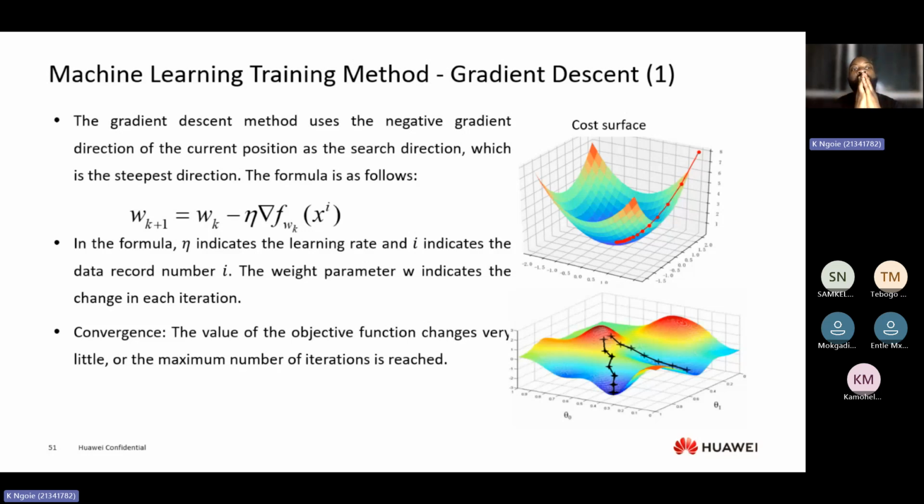So the gradient descent method is a formula used to try and reduce that error. The reason why it's called gradient descent is because it uses what we call the negative gradient direction to search for different parameters. So which parameter are we looking for? The W, which is the weight.